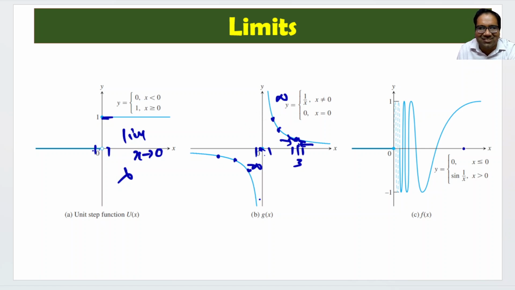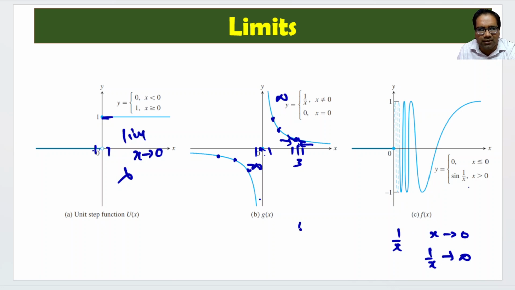Let us take this another function. This is y equals 0 when x is less than or equal to 0, and sine 1 by x when x is greater than 0. Please note sine 1 by x. When x is tending to 0, what will happen to 1 by x? 1 by x tends to infinity, so there is a lot of fluctuation.